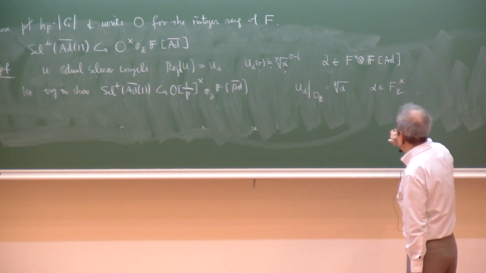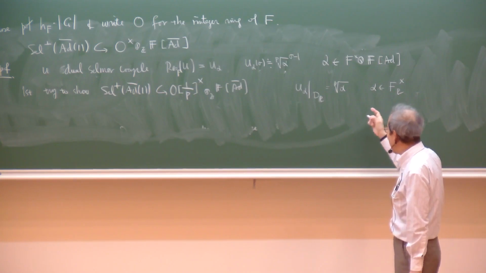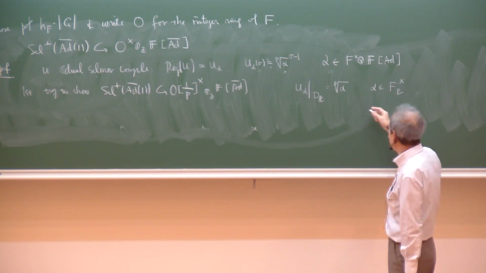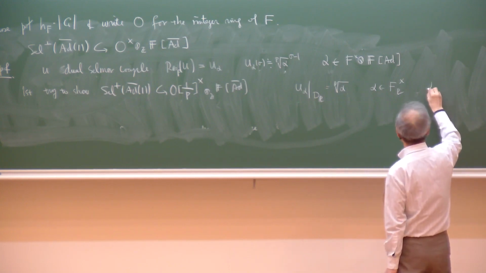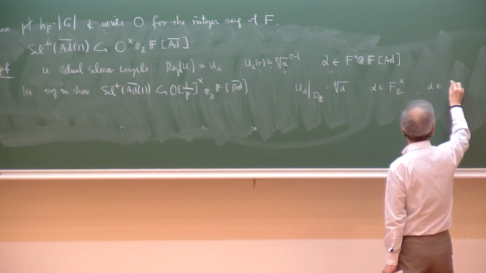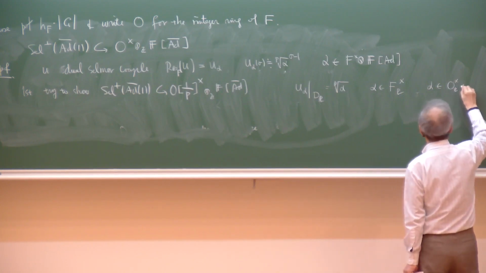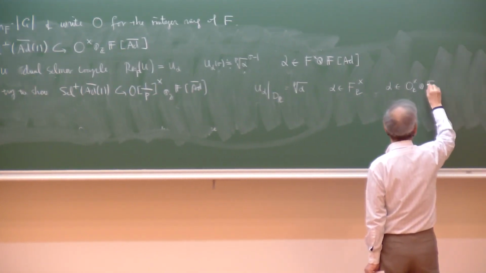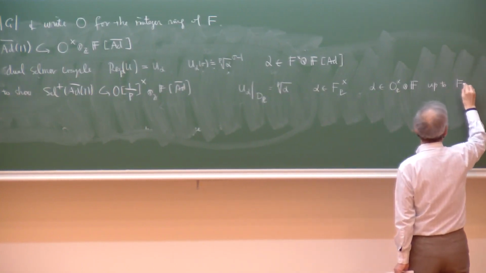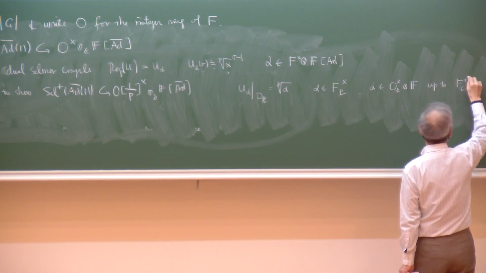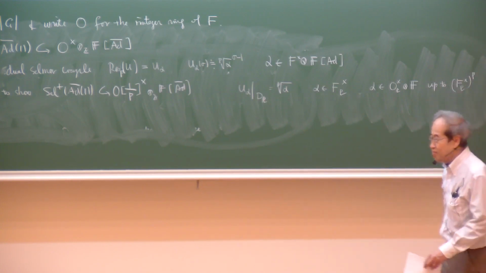But it is unramified, so up to p-th power this element comes from a unit, as I explained in the proof of the lemma, that alpha is in O_L cross tensor F up to F_L cross to the p. I mean, this doesn't cause any trouble, right?